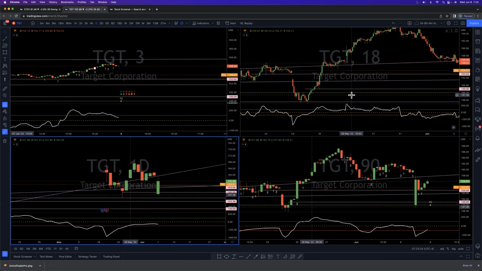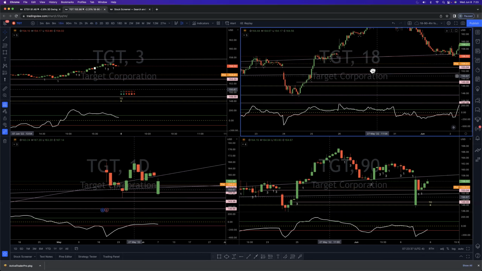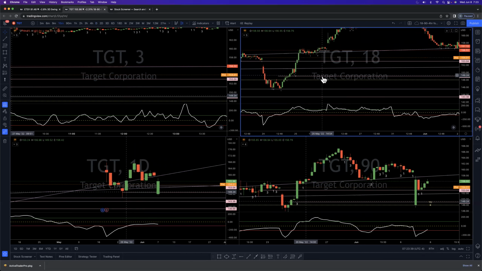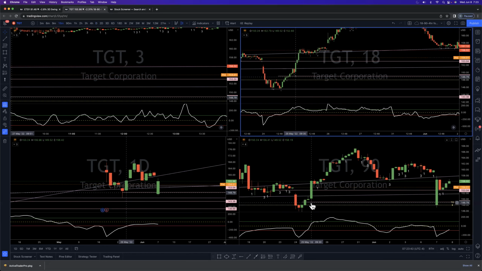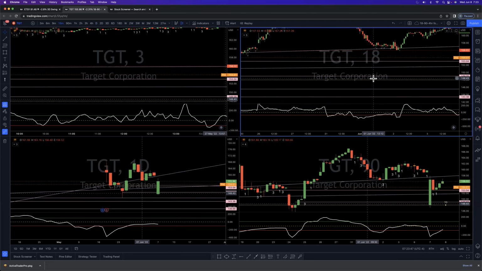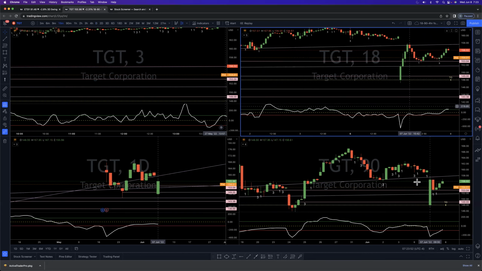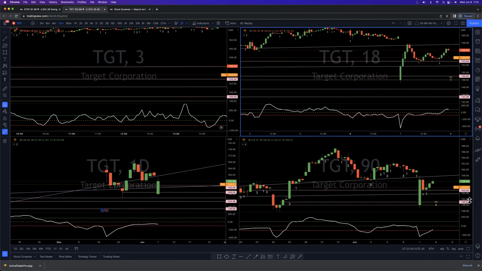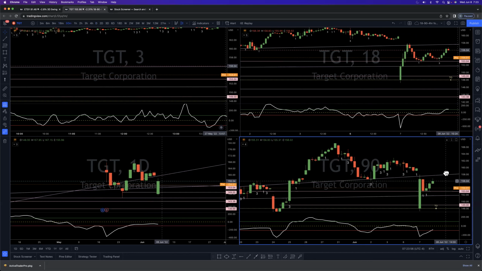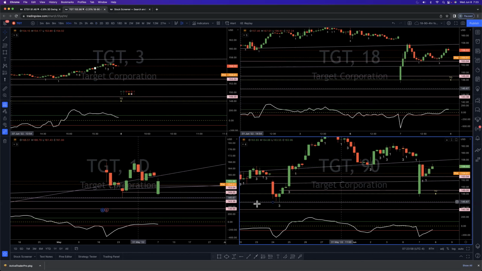And so let me show you. This looks a little off. Not sure what happened there, but I'll try to find it. So we drew our broadening formations based on the 90-minute time frame. We knew Target was a gapper, based on pre-market action. Why do these all look off, guys?